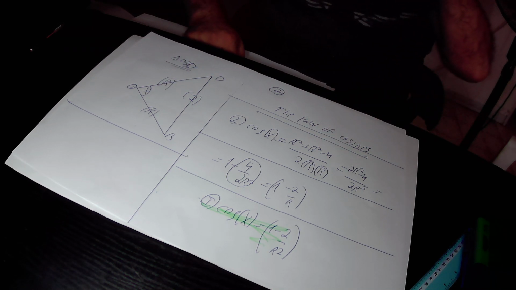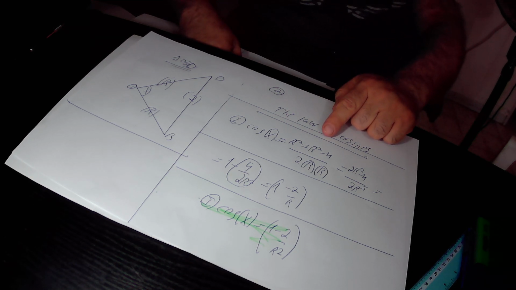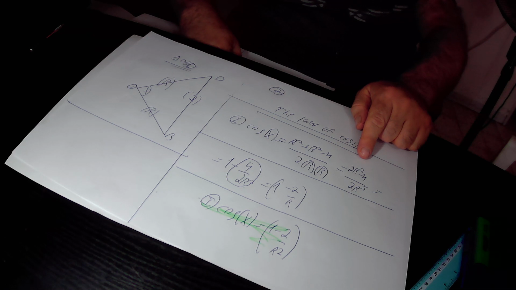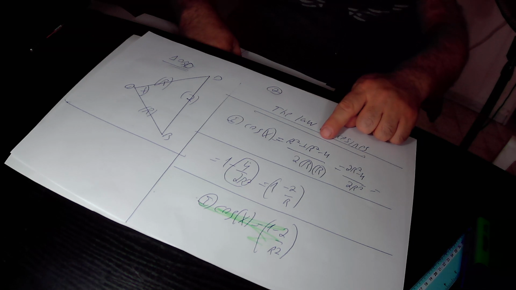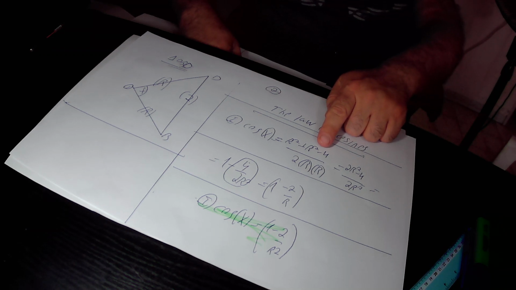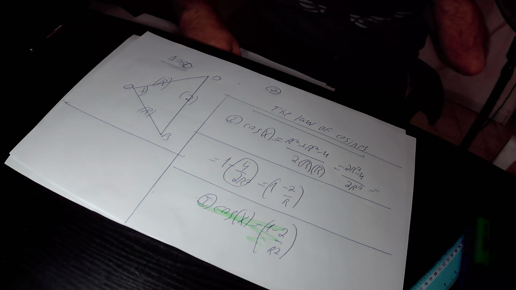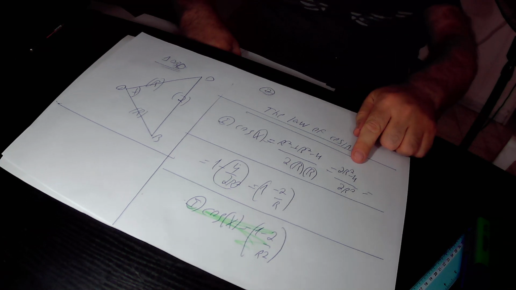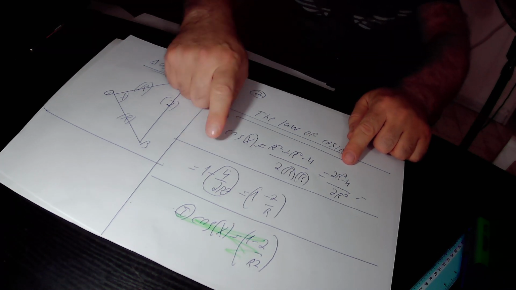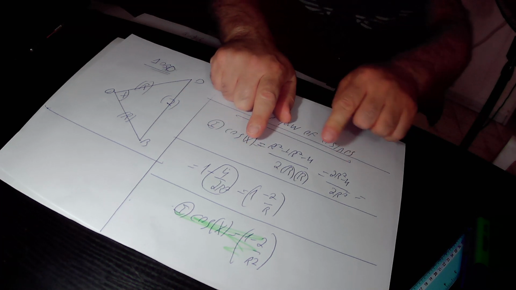So according to equation 1, we found out that cosine X equals R square plus R square, that is 2R square. So in total, in the numerator of this expression, we have 2R square minus 4, divided by 2 times R times R, that is 2R square. So here we have 2R square over 2R square, that is 1. And also here minus 4 over 2R square.